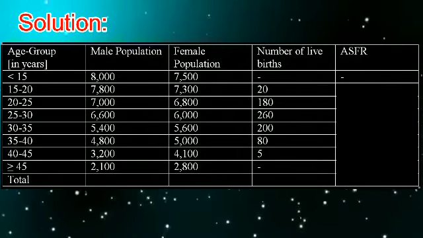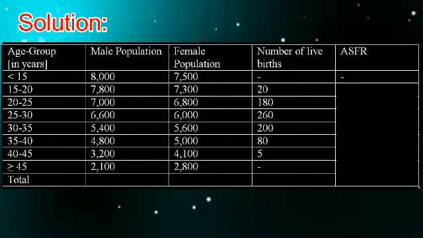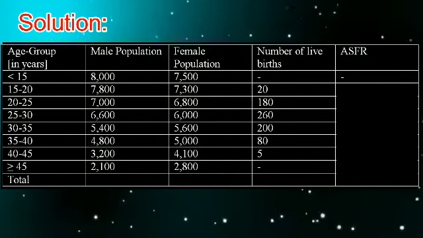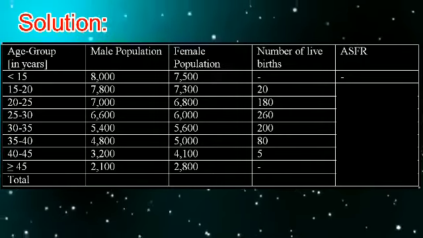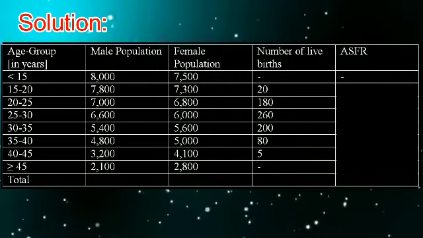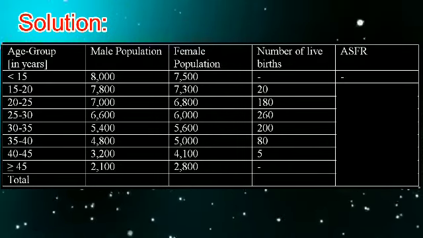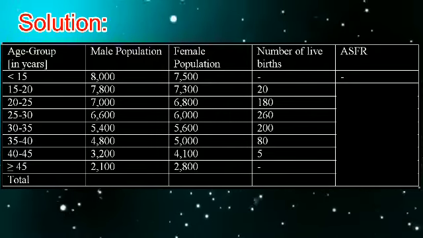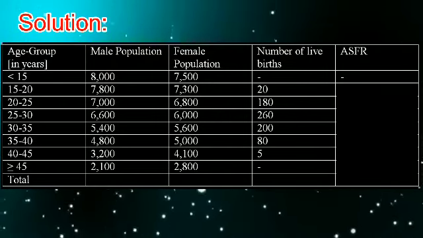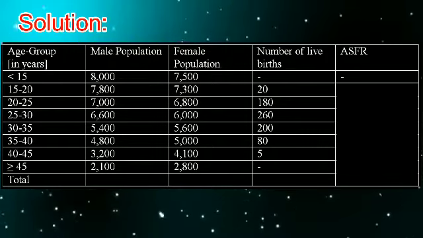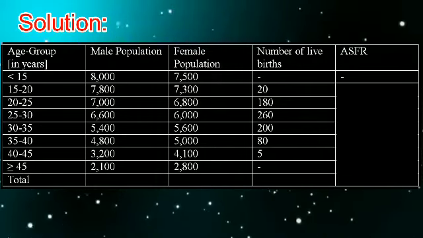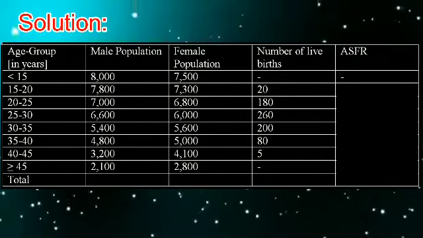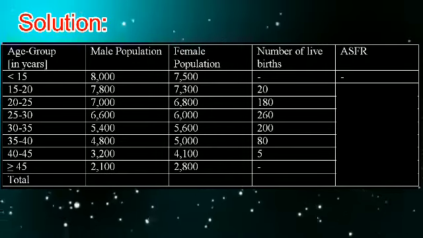One more thing, in this question both male and female population is given, whereas in order to find ASFR we should consider only the female population. Male population is not taken into consideration. So consider only the female population.